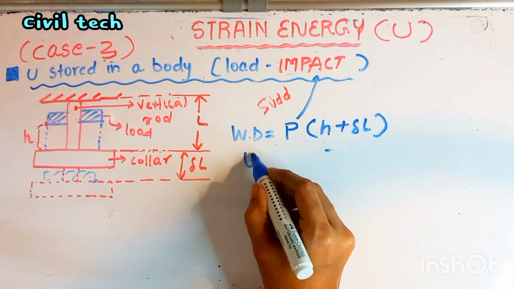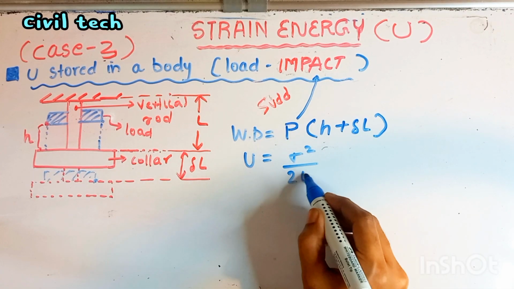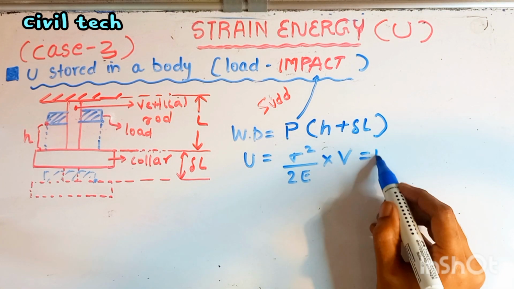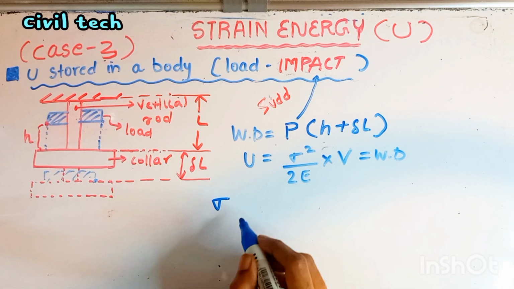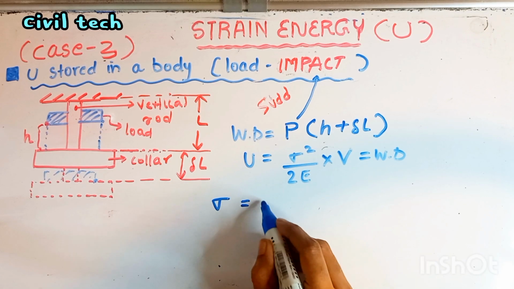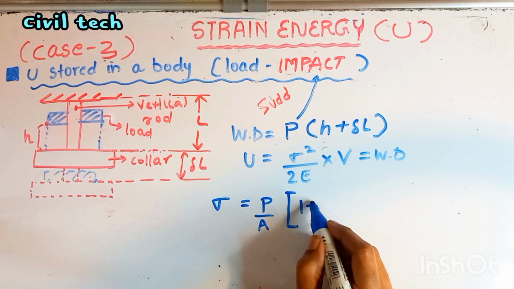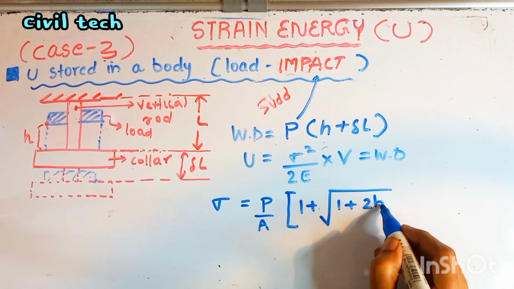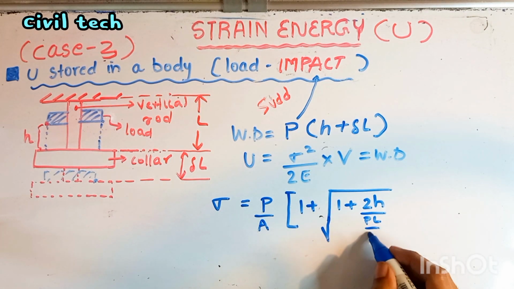Now the strain energy, which we saw before, is, this is the maximum strain energy, sigma square by 2E into volume. When we equate this to the work done, we get the maximum stress due to impact load, which becomes P by A into 1 plus root of 1 plus 2H by (PL by A).